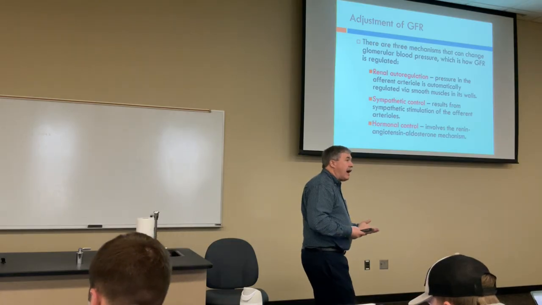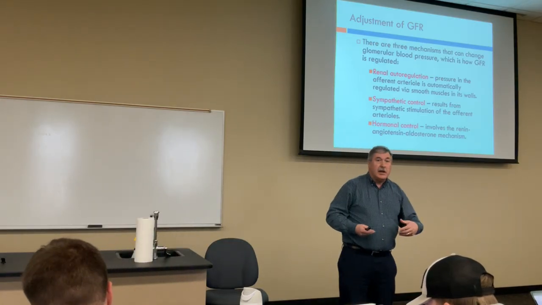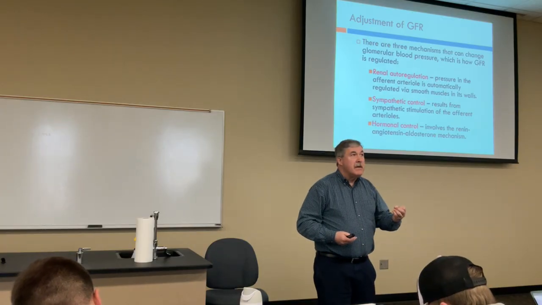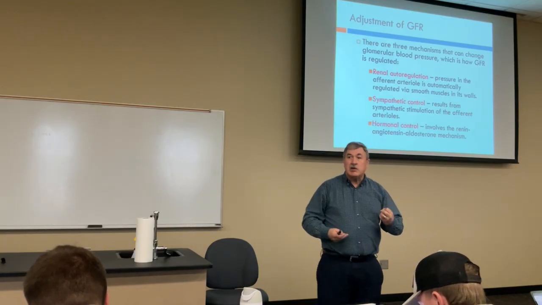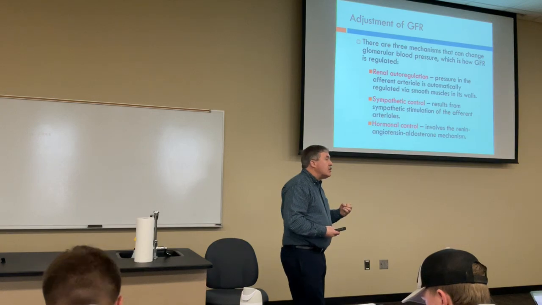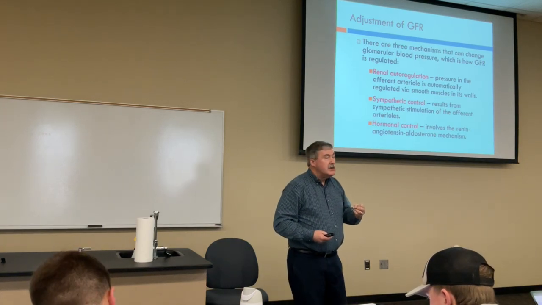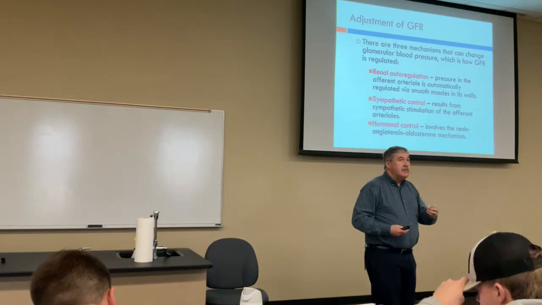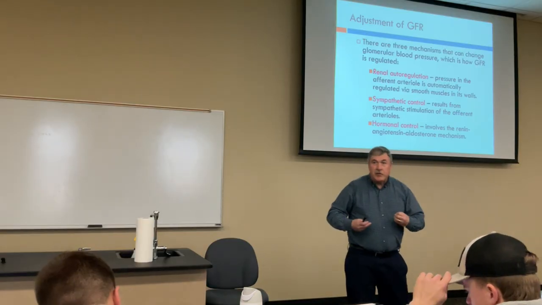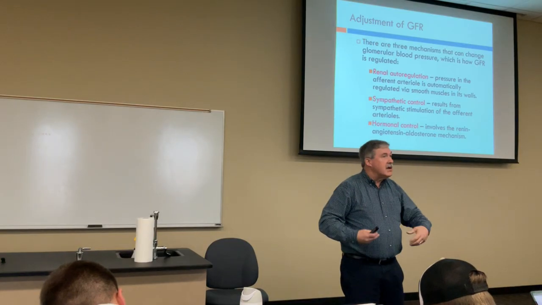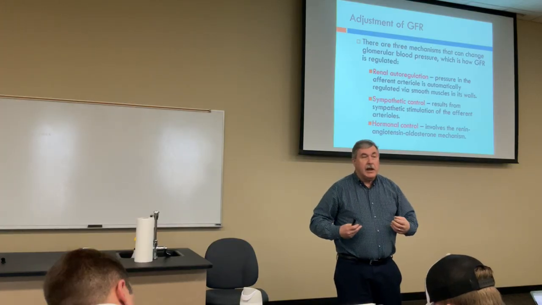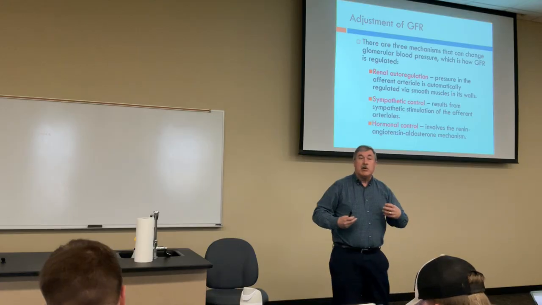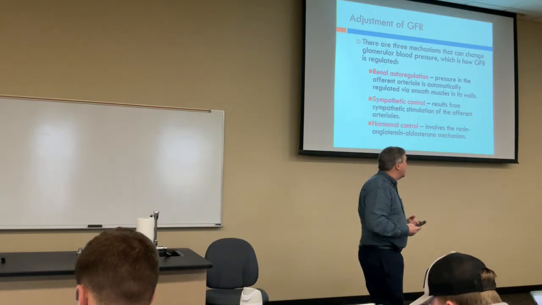There are sympathetic fibers that supply the kidney, and that causes vasoconstriction of the afferent arteriole, which reduces GFR. So the purpose of that is to divert blood away from the kidneys and to your skeletal muscles and your brain, because those are the parts of your body that are needed during strenuous exercise.